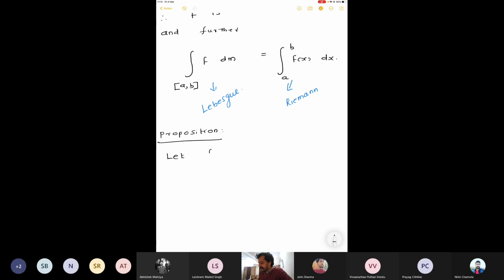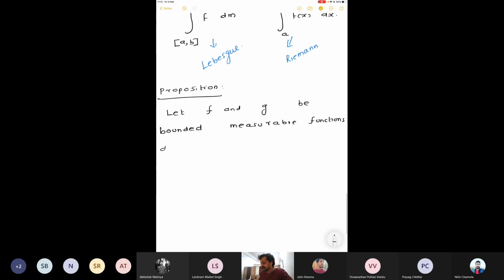Let f and g be bounded measurable functions defined on a measurable set E with finite measure, m of E less than infinity.